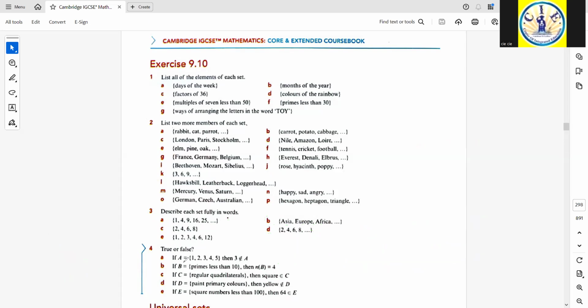If set A is represented by the elements 1, 2, 3, 4, 5, then 3 does not belong to A. This is the statement of the question that we need to answer. Is it true that the element 3 is not an element of this set A? We can see that 3 is present in this set A. So this statement is false.